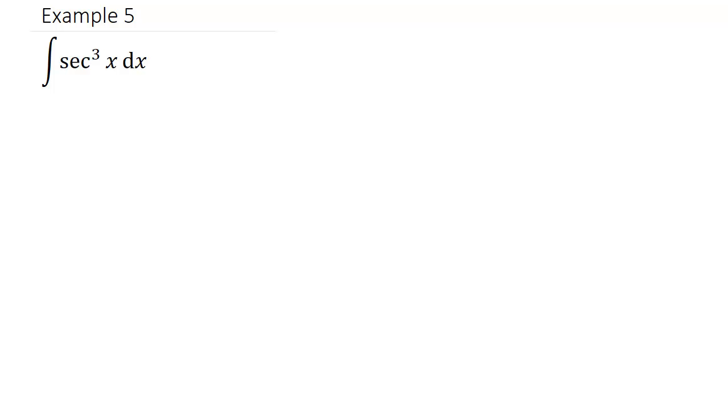To do this, if we look at secant cubed x, what do we have in secant cubed x? Well, what if we rewrite this as secant squared x times secant x dx?